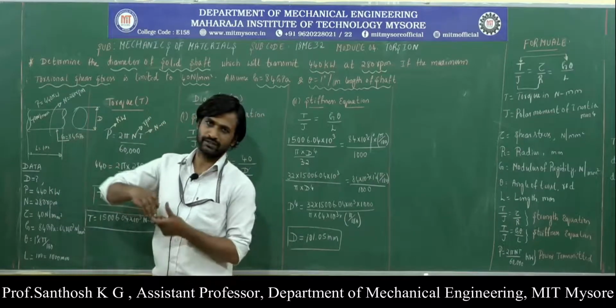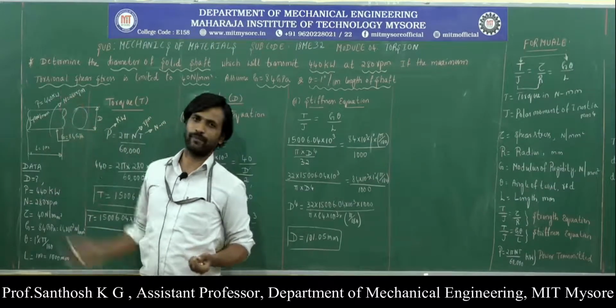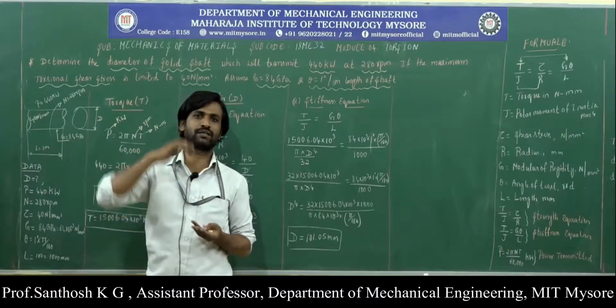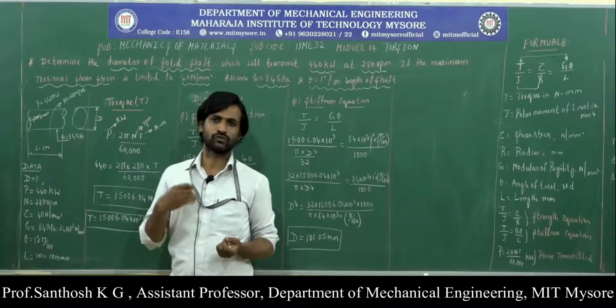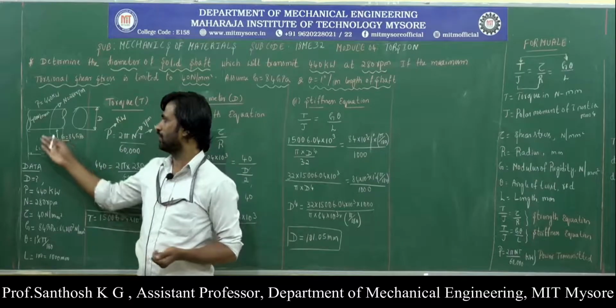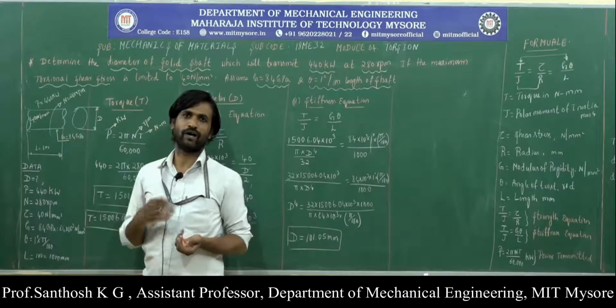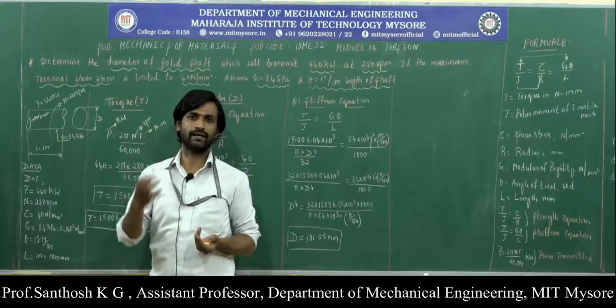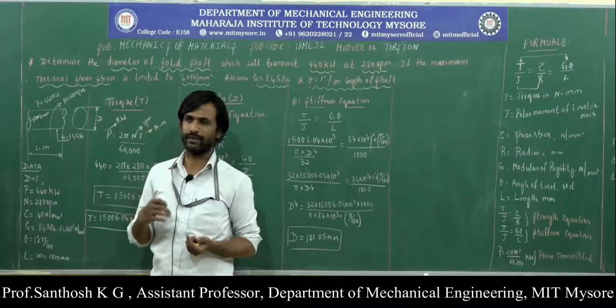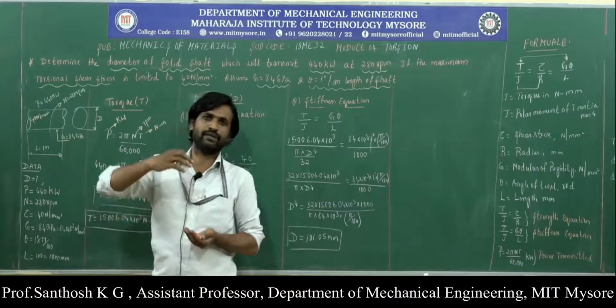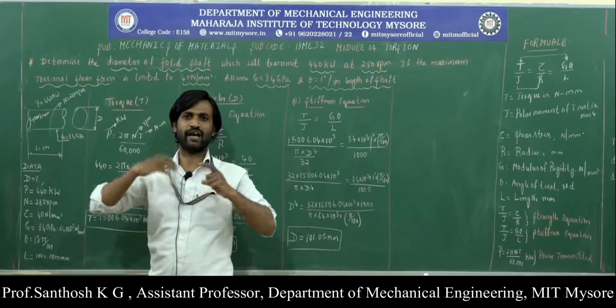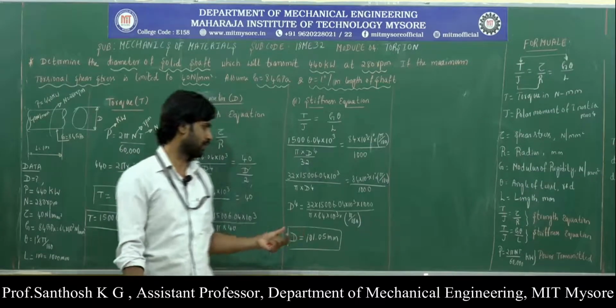So if you increase the value of d, the size of the member will increase, thereby its strength is going to increase. So whenever we are having an option for the diameter, we will always prefer the higher diameter, because if the diameter is more, then the shaft strength is going to be higher.